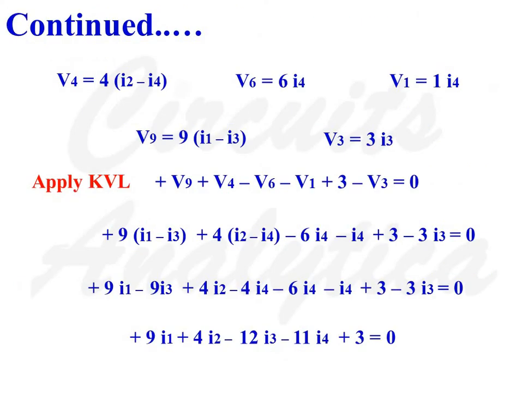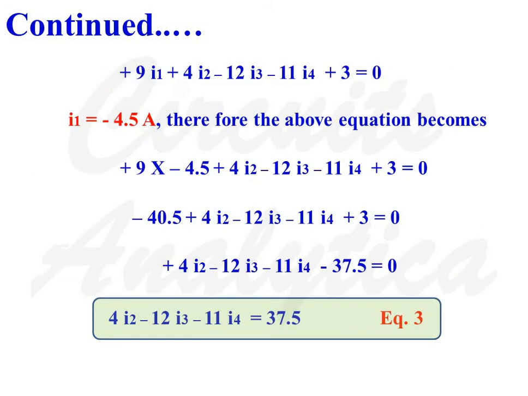So applying these equations in the equation for the super mesh, we will get 9I1 minus 9I3 plus 4I2 minus 4I4 minus 6I4 minus I4 plus 3 minus 3I3 is equal to 0. 9I1 plus 4I2 minus 12I3 minus 11I4 plus 3 is equal to 0. It is given that I1 is equal to minus 4.5 ampere.